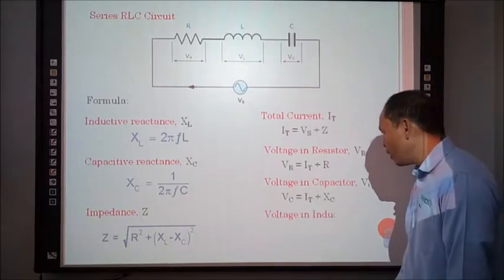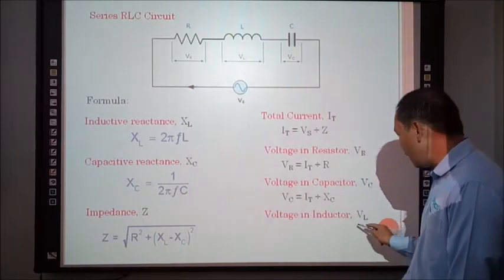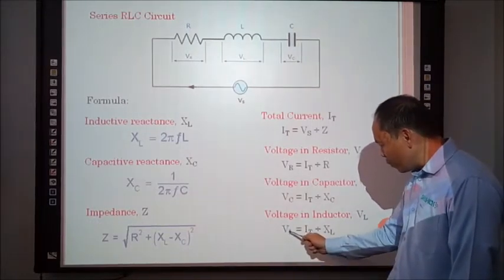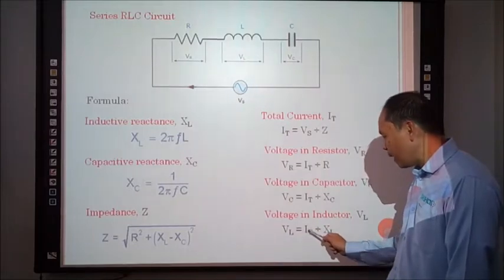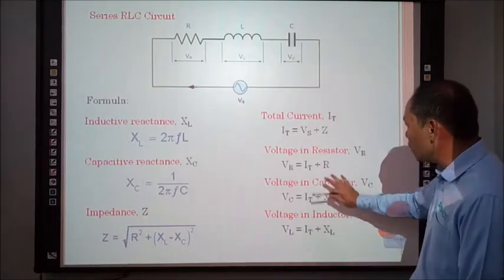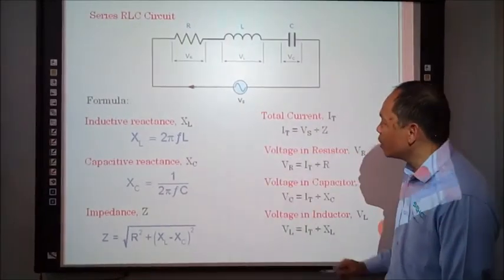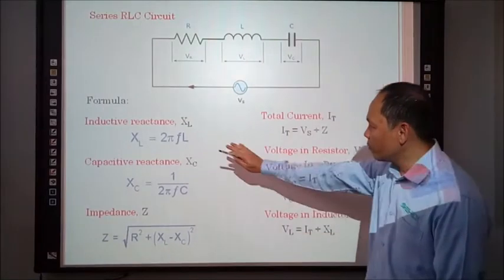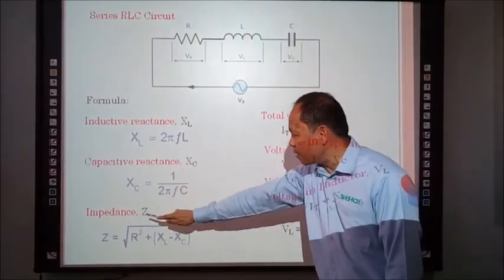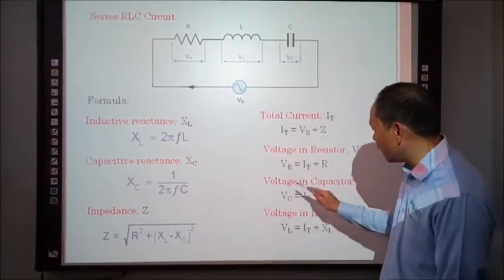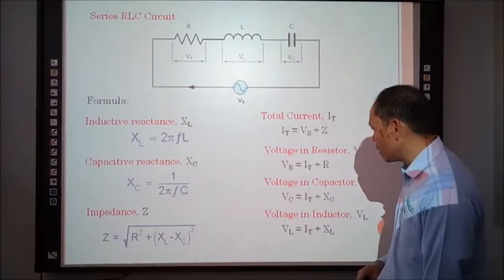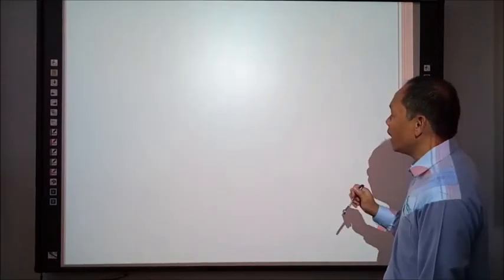Next, solve for the voltage in the inductor, or VL. The formula is inductor voltage is equal to total current times the inductive reactance. We will use all of these formulas to solve for the XL, the XC, the impedance, the total current, the resistor voltage, capacitor voltage, and the inductor voltage. So let's have an example.